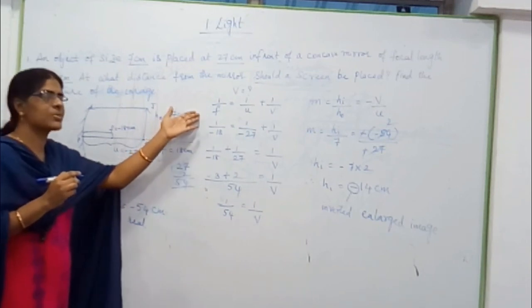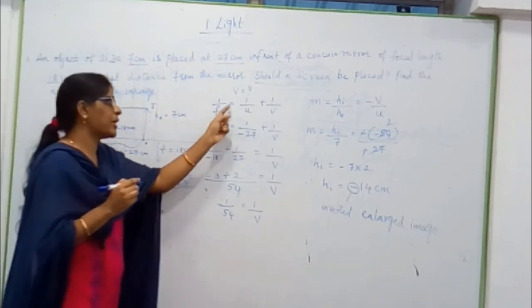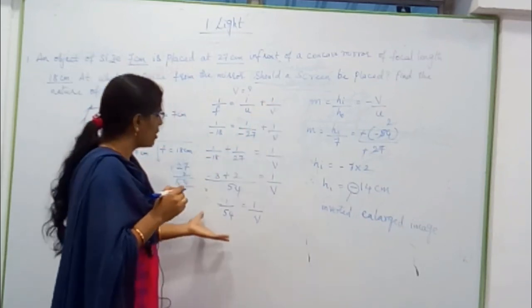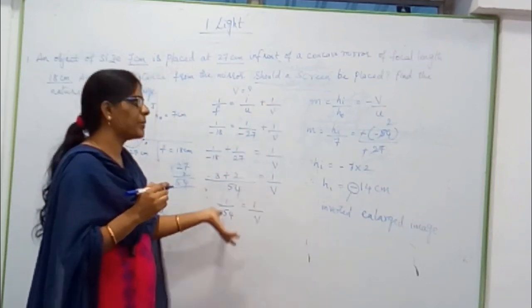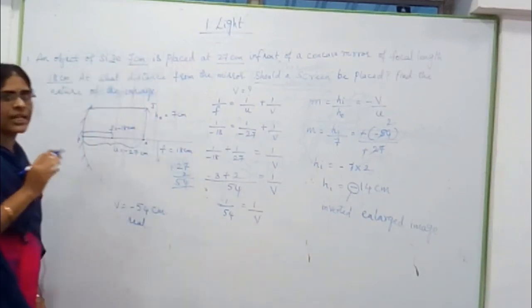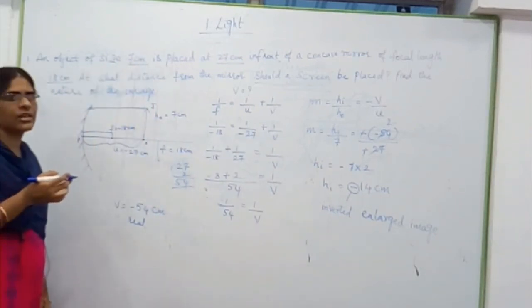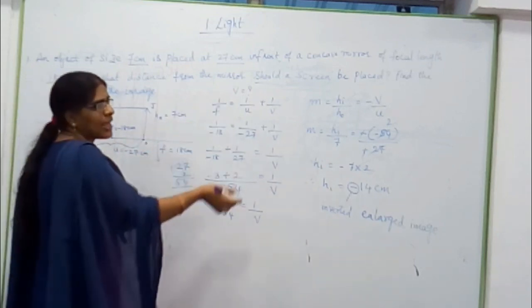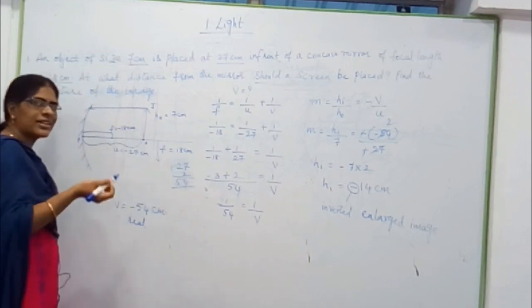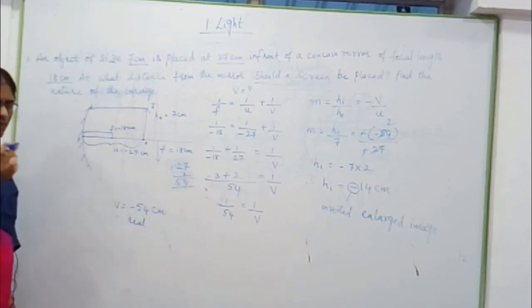The formula is the mirror equation 1 by F equal to 1 by U plus 1 by V. By substituting, you will get the answer. Sometimes they may not give the height of the object. Then you need not calculate the magnification; simply find out whether it is a real image or a virtual image.